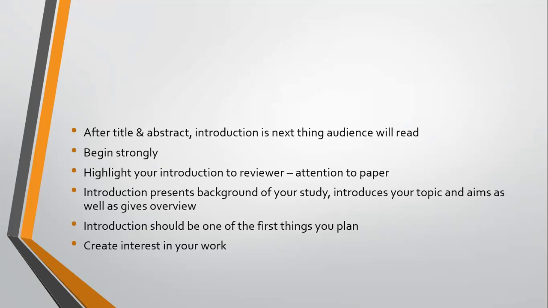We will talk about how to write an abstract in a later section, because the introduction is the first thing in a paper. The next thing that a reviewer or any committee sees is the introduction. So the introduction is the next big thing which your audience would read.